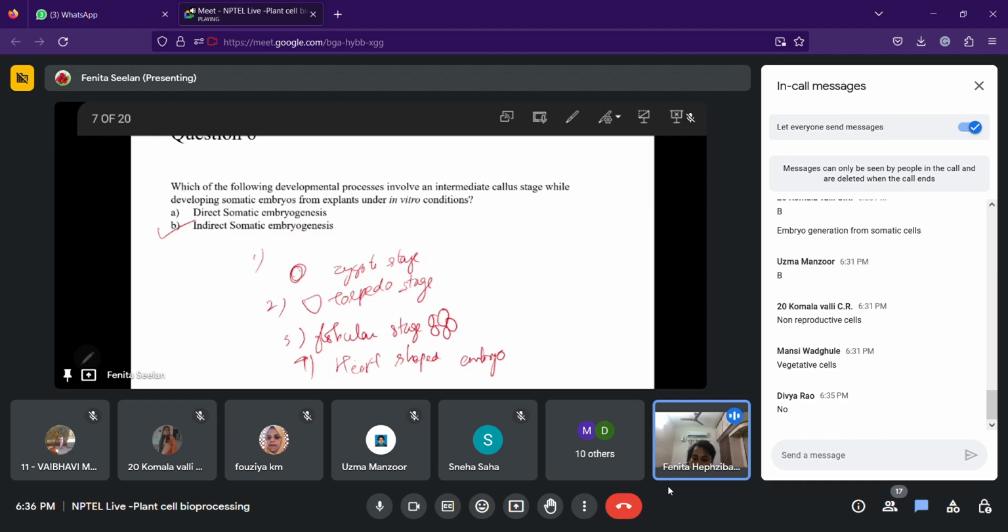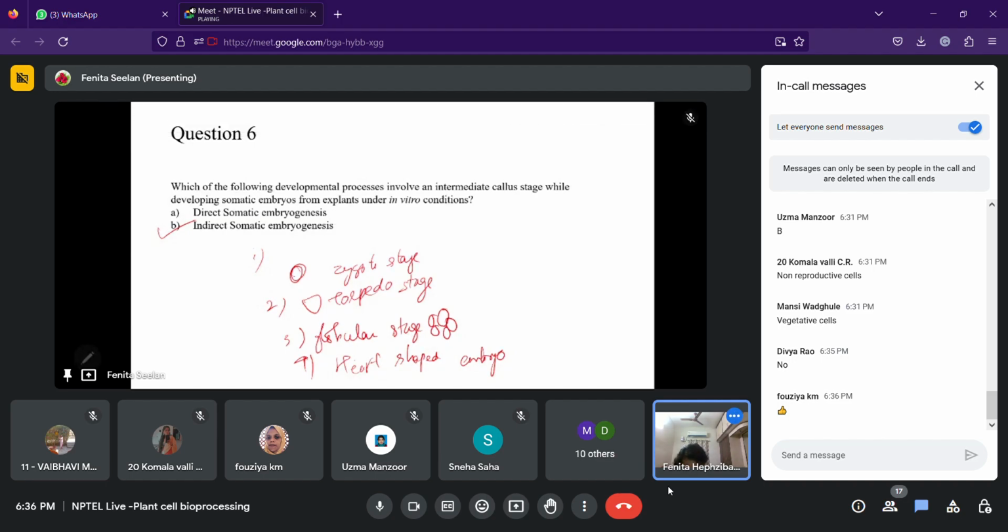So, what are the advantages of using somatic embryogenesis? For anything there will be both disadvantages and advantages, right? So, what are the advantages and disadvantages of using somatic embryos?